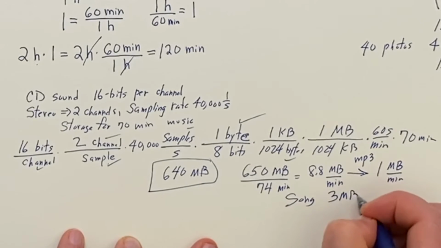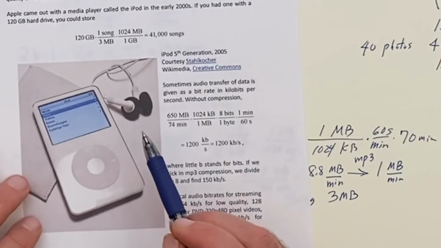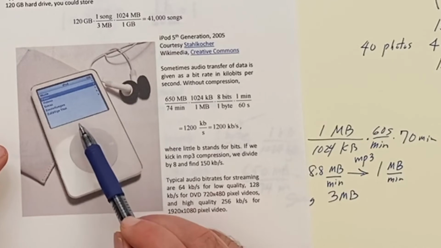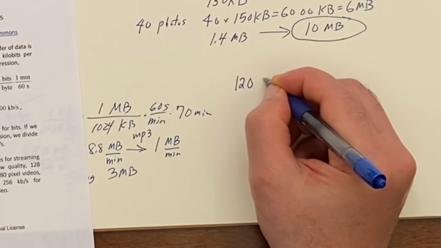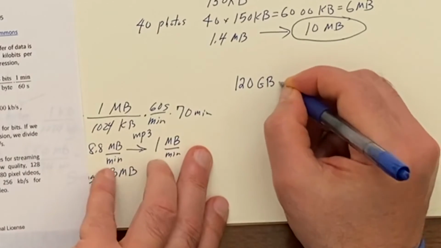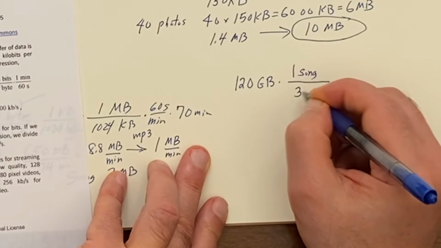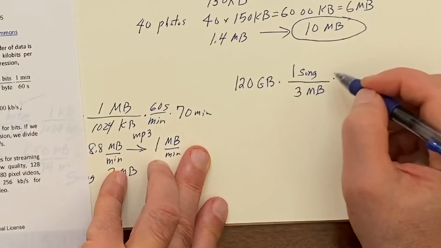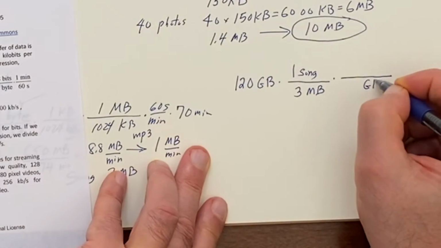Now, back in the early 2000s, Apple came out with the iPod, and it has a hard drive of 120 gigabytes, and one song is going to be 3 megabytes. Then I want to get rid of the gigabytes and the megabytes.